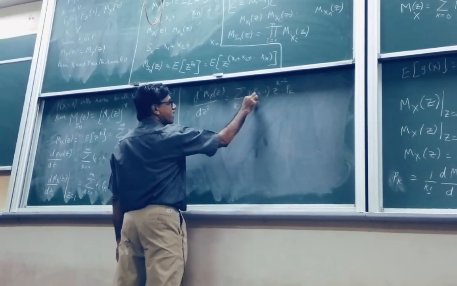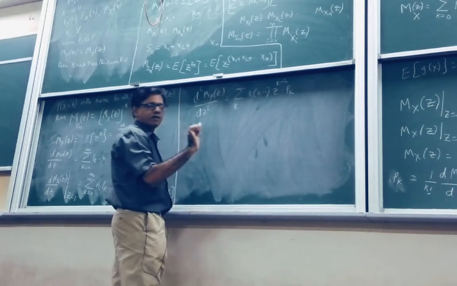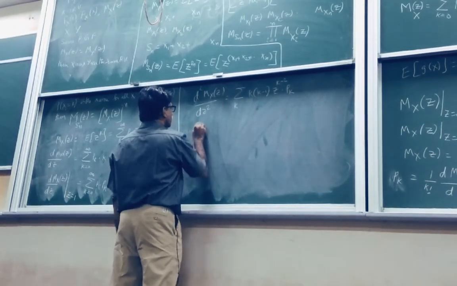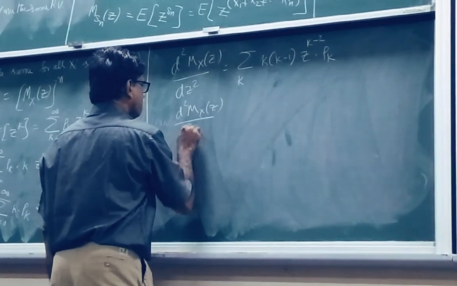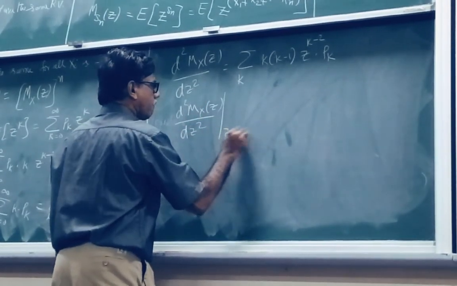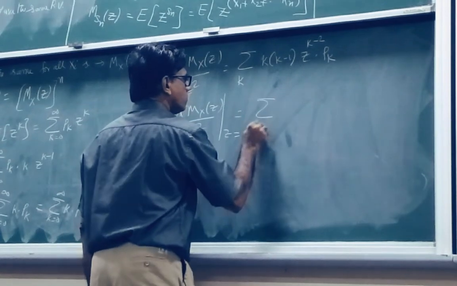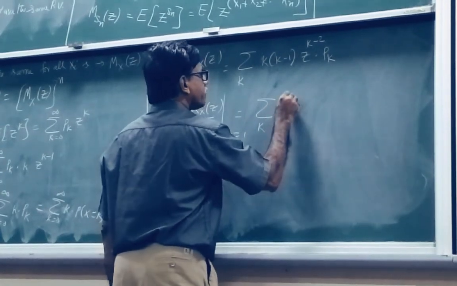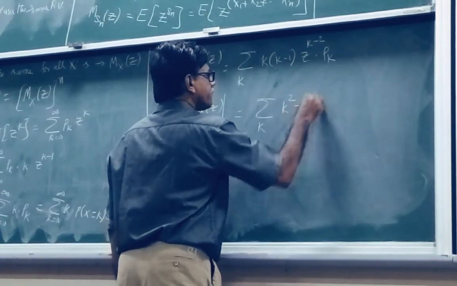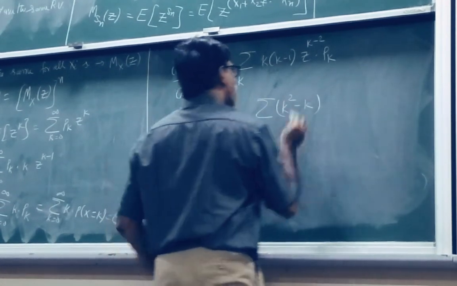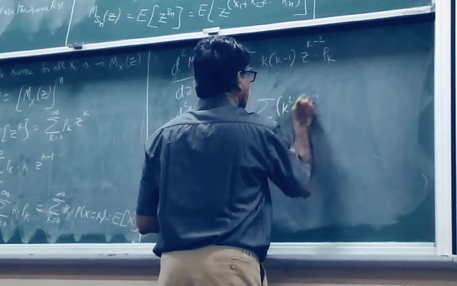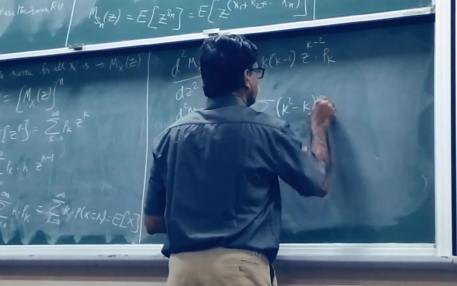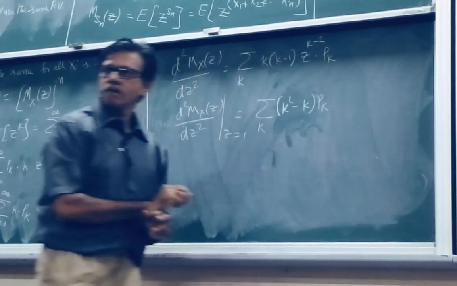So k squared is not coming. k into k minus 1 is coming. Or initially I will keep it as k into k. Okay, fine. This is what we are getting.